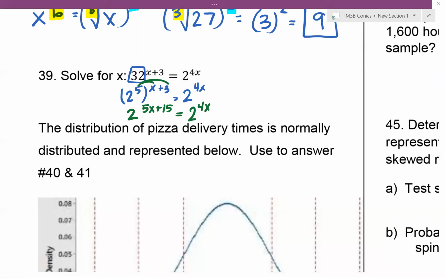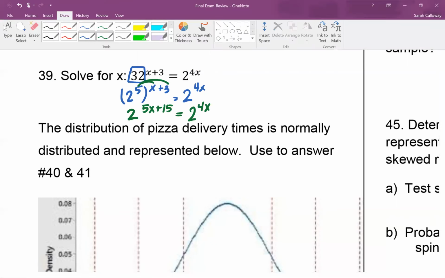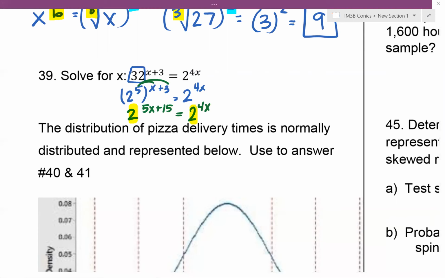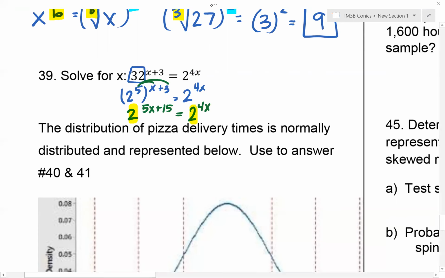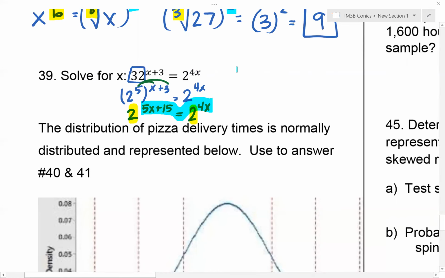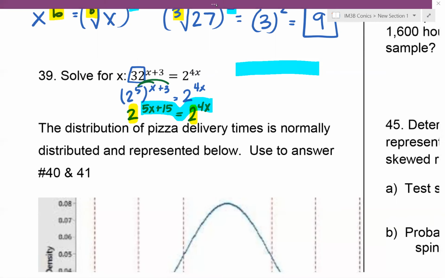And so now that our bases are the same, in order for these two things to be the same, my powers would also have to be the same. So I'm essentially ignoring the 2's now and setting up an equation using just my exponents. Okay, so I've got 5x plus 15 equals 4x.